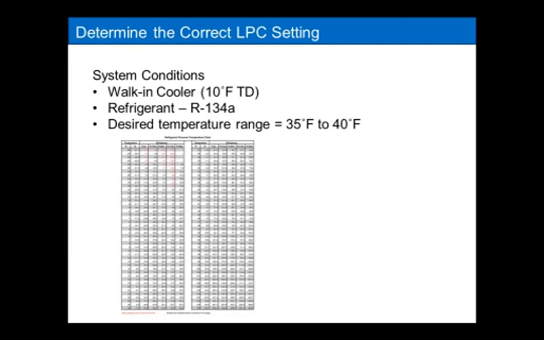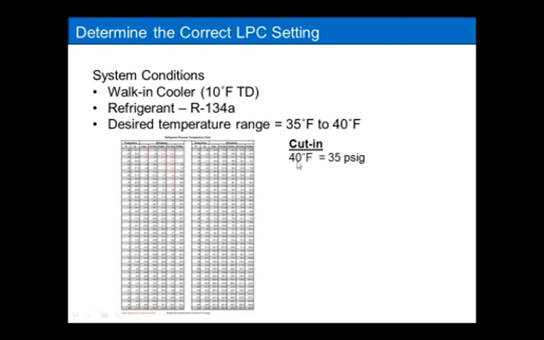And I know that unit is using 134A as its refrigerant, and somebody tells me, or the customer or I decide, that I want to regulate the temperature in that box between a value of 35 and 40 degrees. So 40 degrees is going to be my cut-in point, and 35 is going to be where I want to cycle this unit off to maintain this 5-degree temperature difference in case temperature.